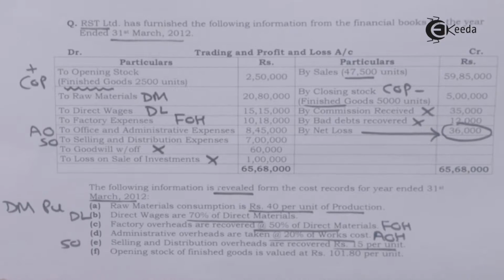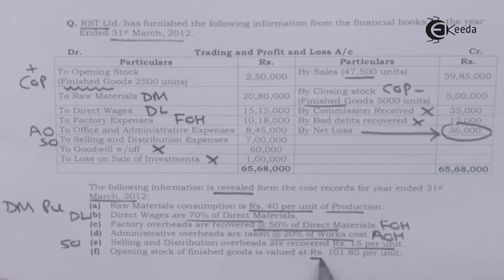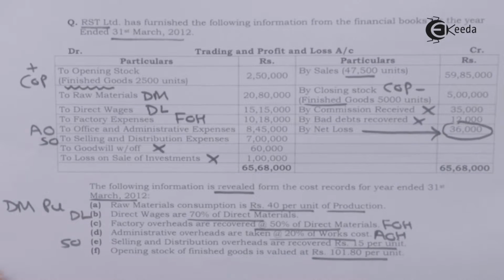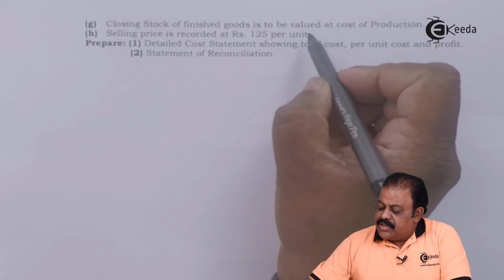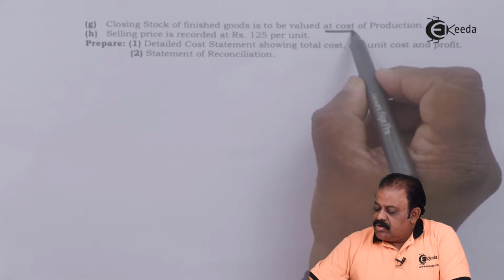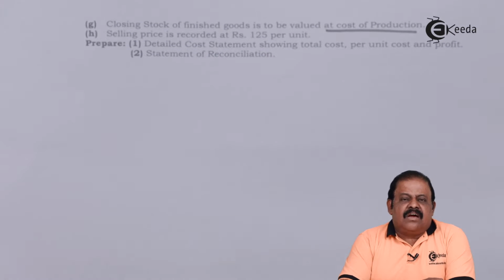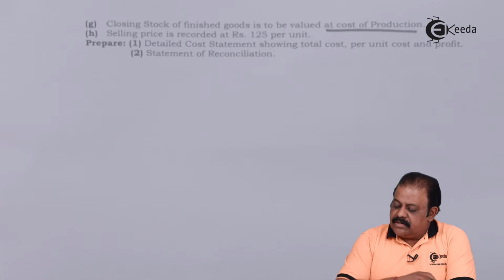Selling overheads. Opening stock of finished goods is valued at 101.80 paise per unit. This will be added to cost of production. Closing stock of finished goods is to be valued at cost of production, that is current cost of production per unit.